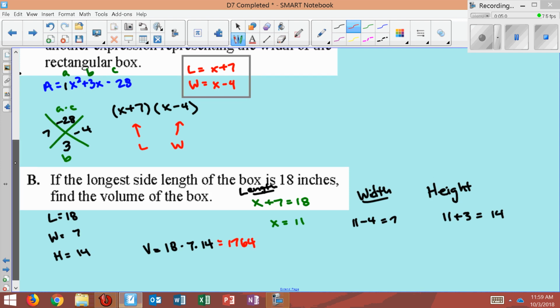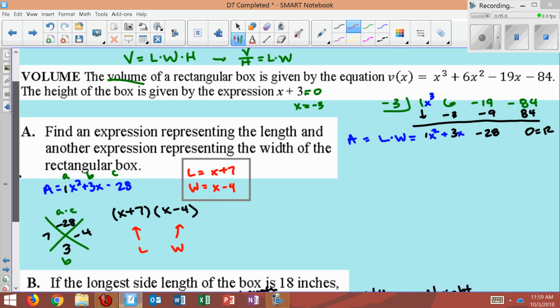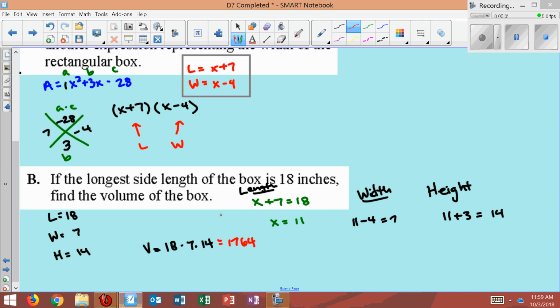And let me check this. Did it give us a unit anywhere? It does not. So we would just call this units cubed. This is my volume.